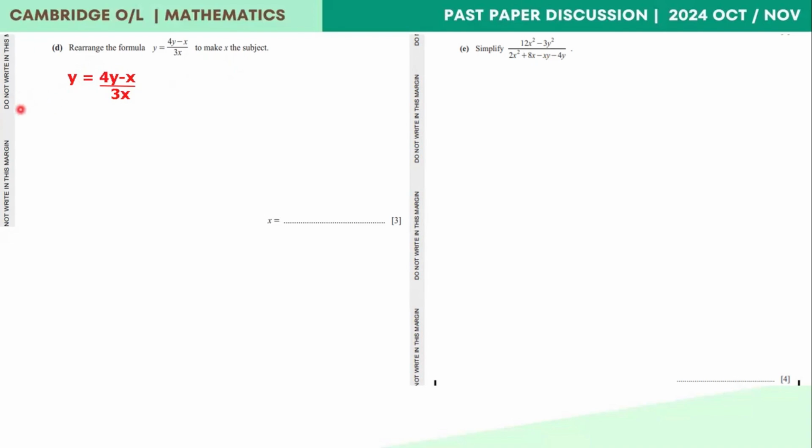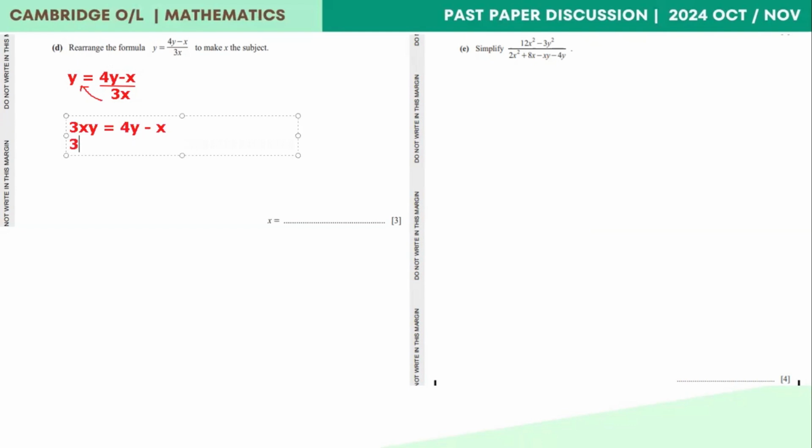Similarly, we have to make x the subject so that x remains alone on one side. So firstly, we'll take this 3x to the left, so that will become a cross multiplication. So 3x into y is going to be 3xy equal 4y minus x. So now we'll take the x terms to one side. So we have minus x on the right.